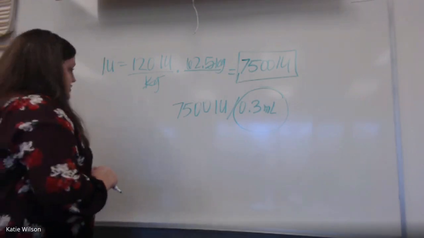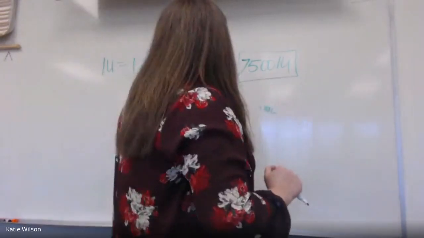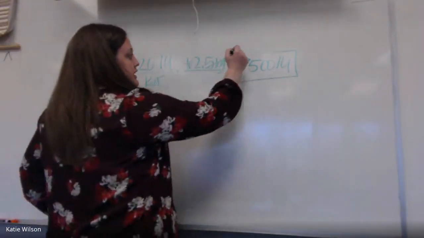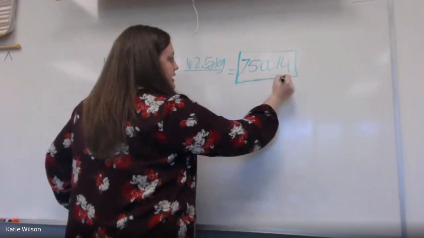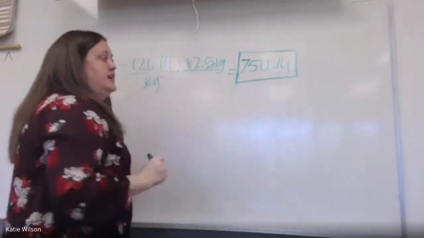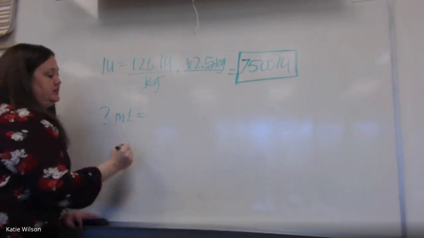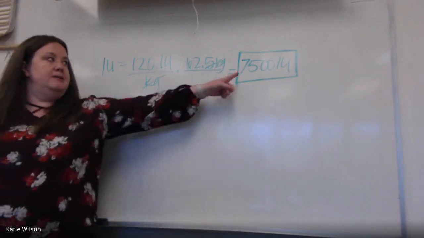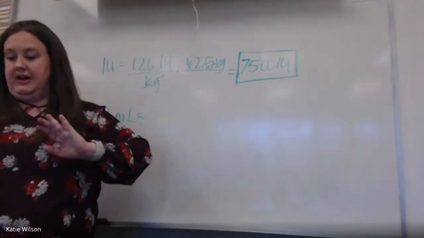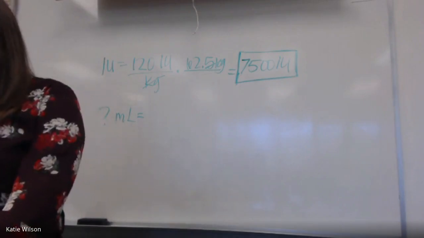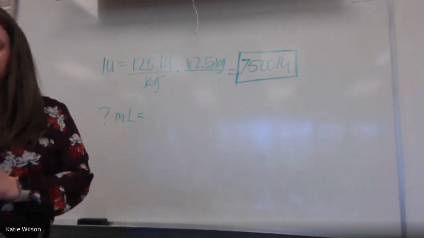Okay, so let's pretend this syringe didn't exist, and this is how much you're going to give right here. Now we need to figure out how many milliliters we would administer using one of those pre-filled syringes. Say we only had 10,000 IUs in 0.4 milliliters available.